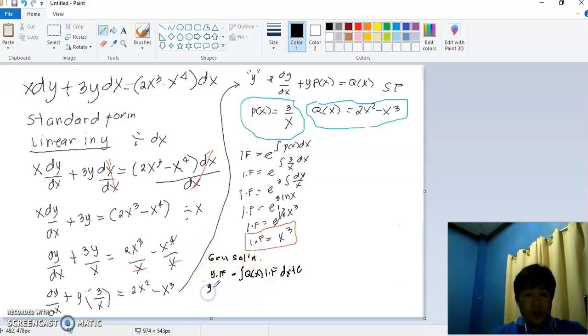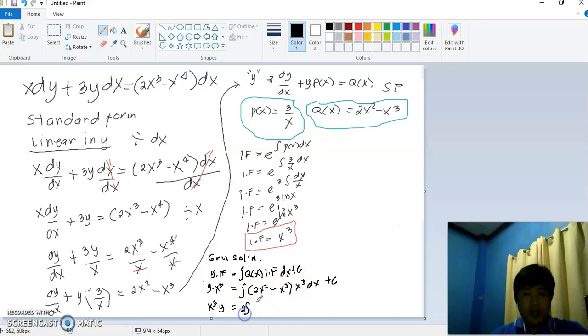Our integrating factor is x cubed, so x cubed y equals the integral of 2x squared minus x cubed, times the integrating factor, which is x cubed, dx plus c.